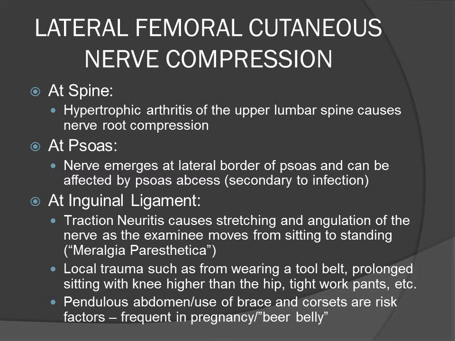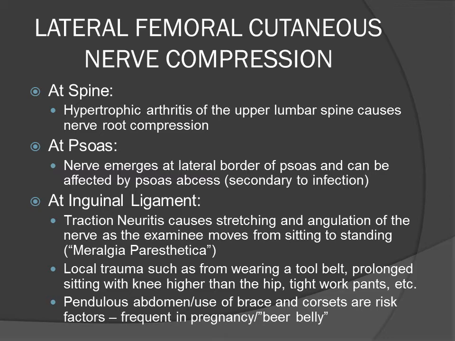This can cause stretching and even angulation of the nerve as the examinee, or person or patient, in this case we'll call it examinee, moves from a sitting to a standing position. And this is known as the condition of neuralgia paresthetica, which is caused by a traction neuritis as the nerve passes underneath the inguinal ligament.